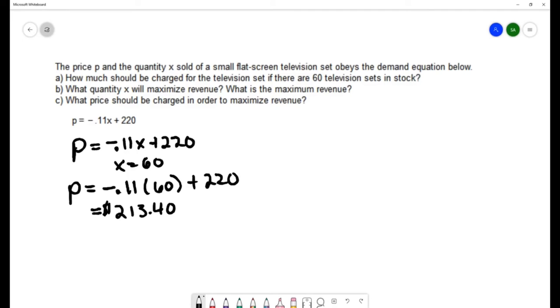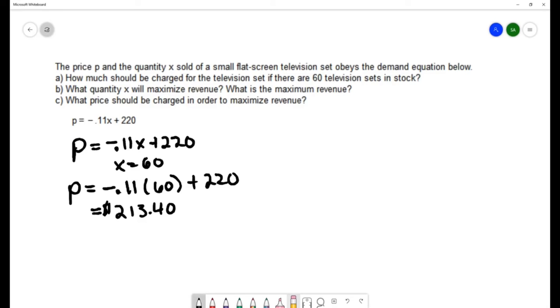Then moving on to part B, it says what quantity will maximize the revenue? What is the maximum revenue? So this is introducing something that hasn't been shown before, the revenue. And in order for us to answer what quantity will maximize revenue, we need to have an equation that represents revenue.